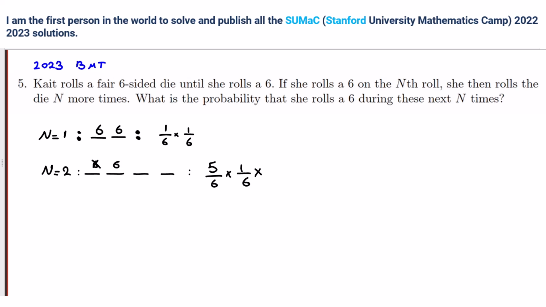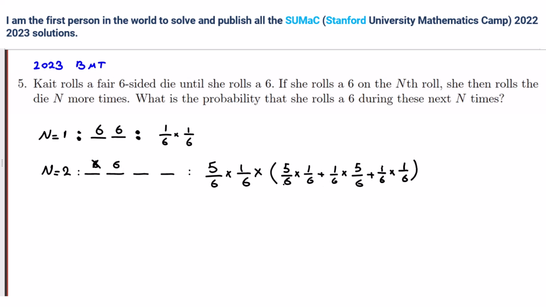What's the probability she rolls a 6? It could be between 3 options. She could roll a 6, well, it could be 5/6 times 1/6, or 5/6 times 5/6, plus 1/6 times 5/6, plus what? Plus 1/6 times 1/6. Yes.